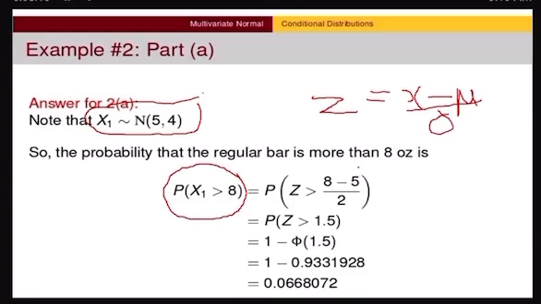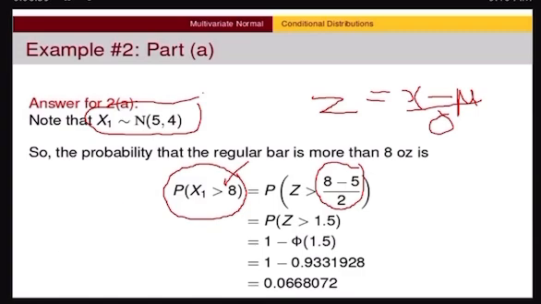That is exactly what we're using here. So here, 8 minus the mean, which is 5. The standard deviation is going to be 2 because the variance is 4, and the square root of 4 is 2.